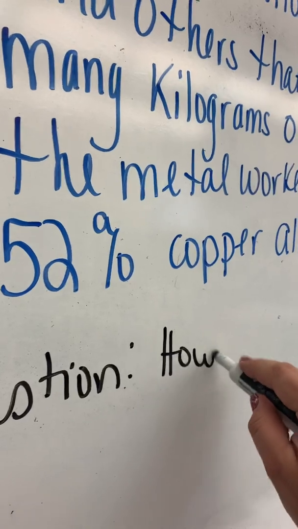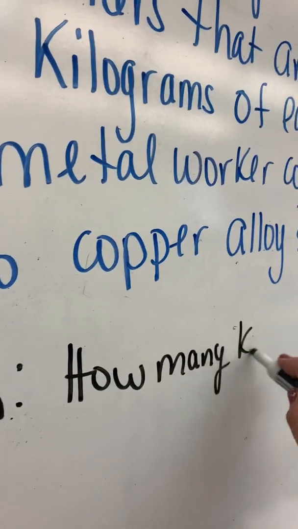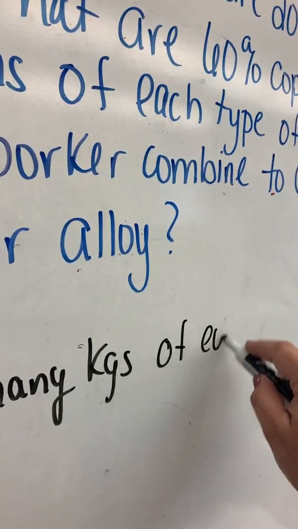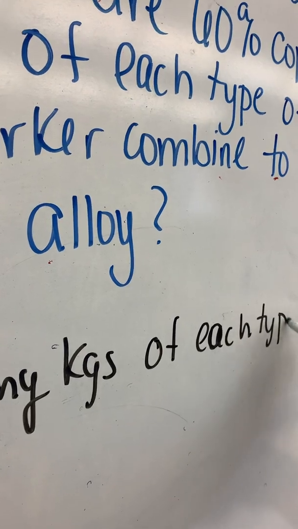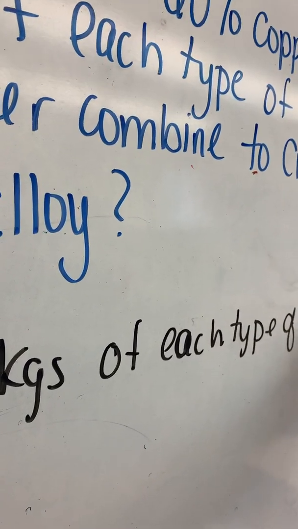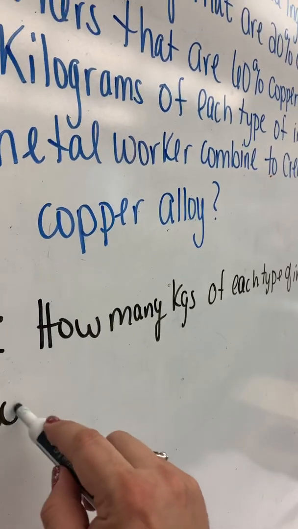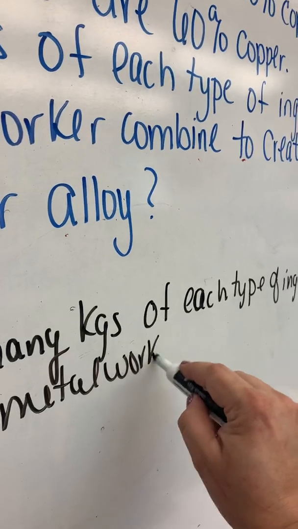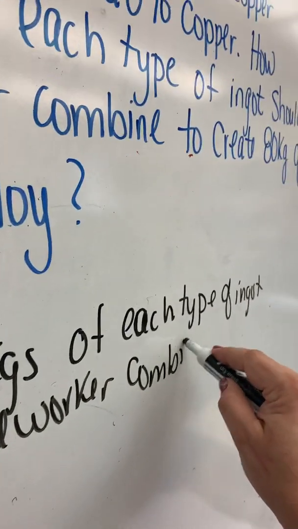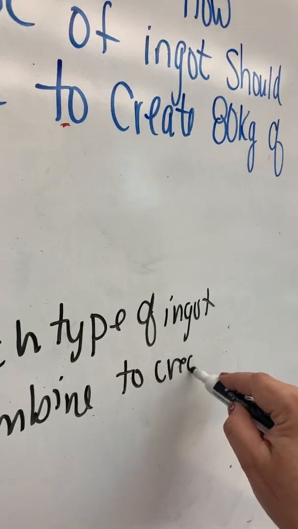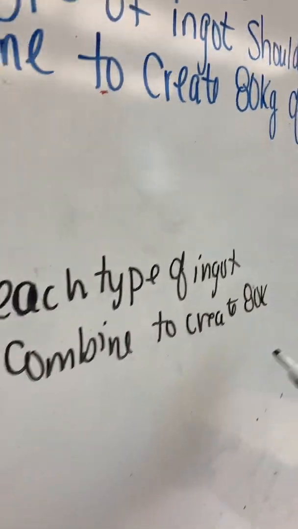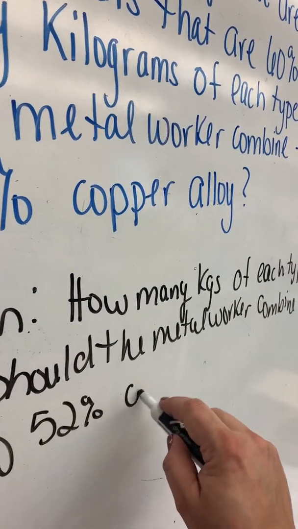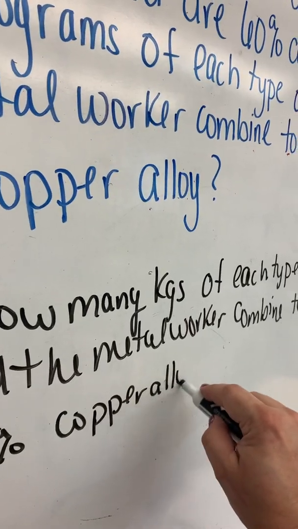How many kilograms, and you can abbreviate those kilograms, of each type of ingot should the metal worker combine to create 80 kilograms of 52% copper alloy?